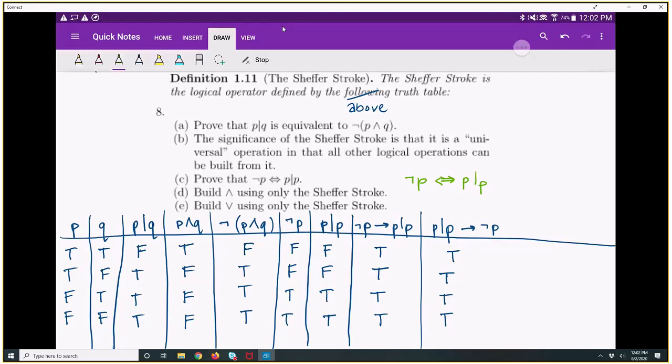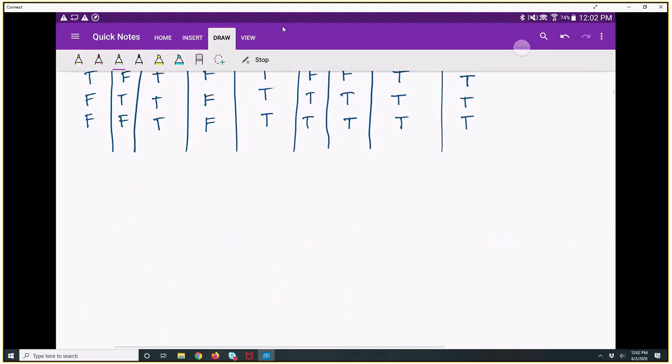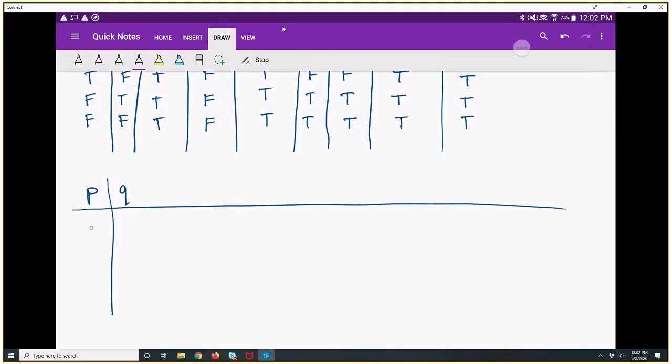Next, we're asked to build the conjunction and disjunction using only this stroke. So I'm going to start one more truth table and repeat these first couple of columns, P and Q. True, true, false, false, true, false, true, false.